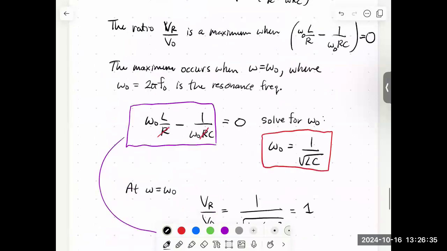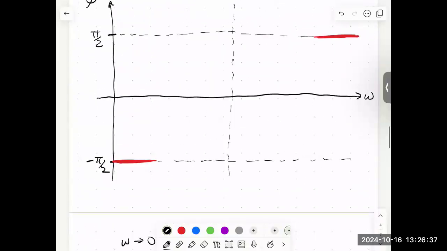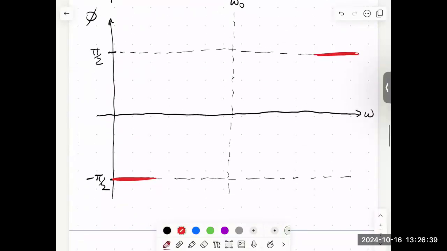All right. So then what we do is we go back to our plot and we say, okay, I've already marked omega naught on my plot, and there must be a point that sits right here where the phase is equal to 0. And so that's quite useful because if you're in the lab and you're working on the oscilloscope, you have 2 channels.